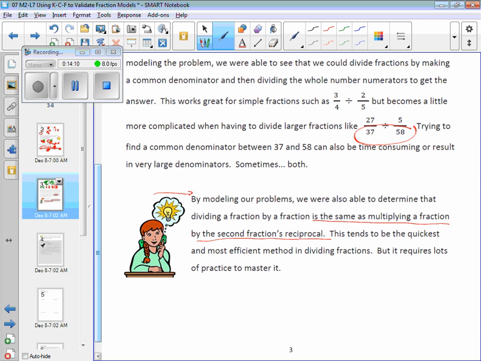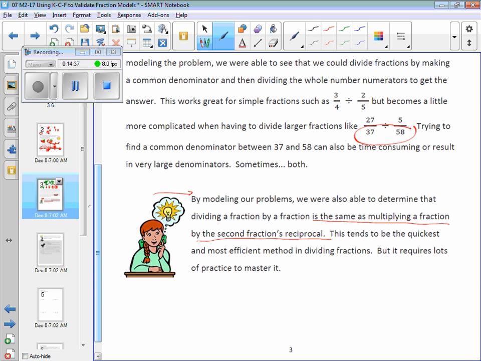I change my operation from division to multiplication. And what do I do with the second fraction? I flip it upside down. And if you do that, it'll work every single time. And then I'll show you, as we progress through lesson 8, that after you flip it, there's even more shortcuts that you can do to make it even easier.